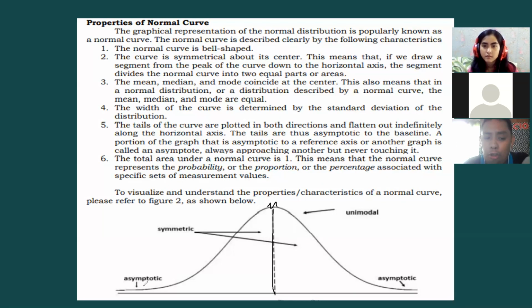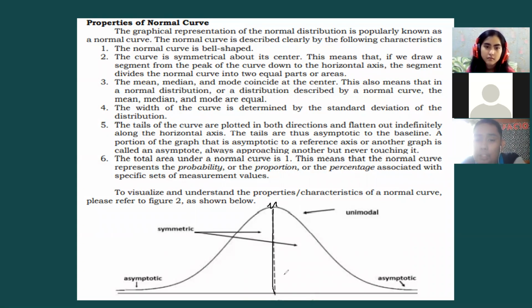So, kapag normal ang curve, expect natin na ang mean, median, at mode ay nasa gitna. But for this one, we are more concerned on the mean. Hindi natin masyadong pinapansin ang median at mode. So, mean muna tayo magpo-focus.